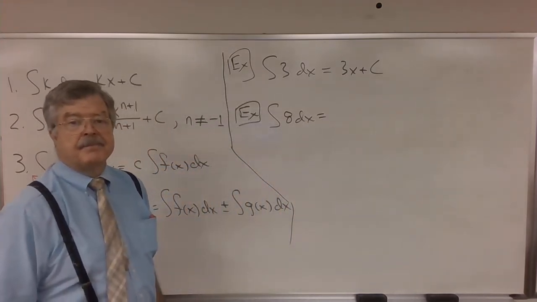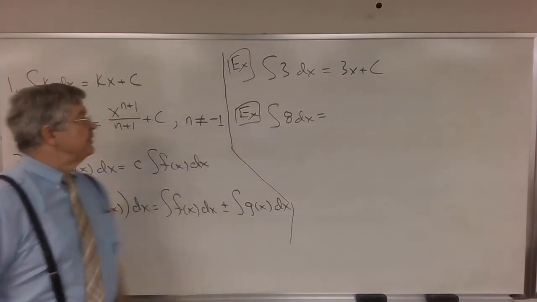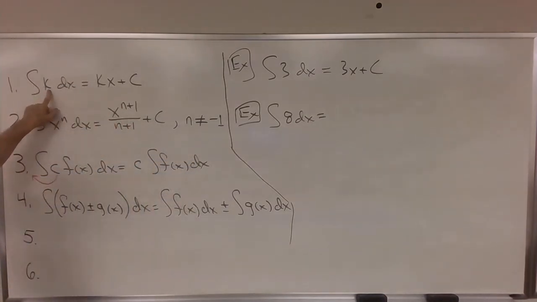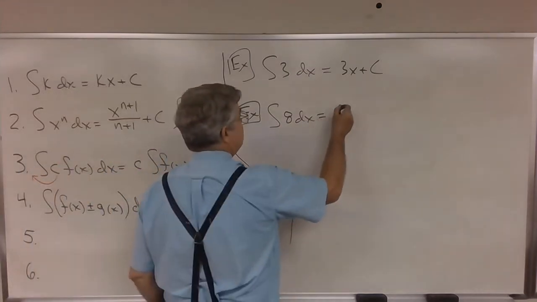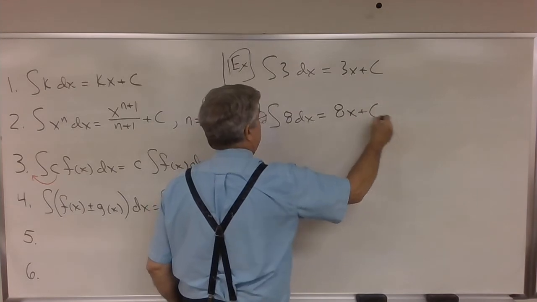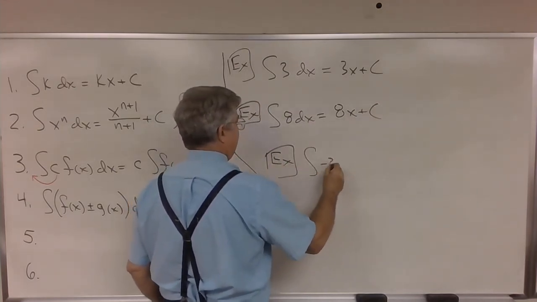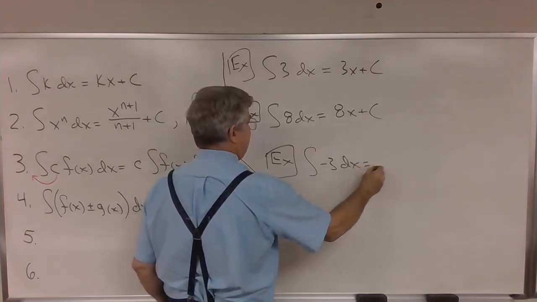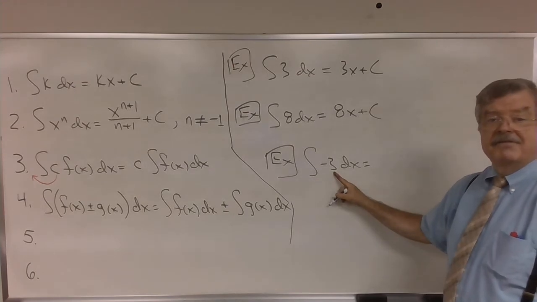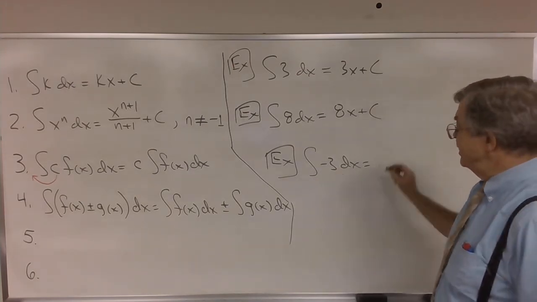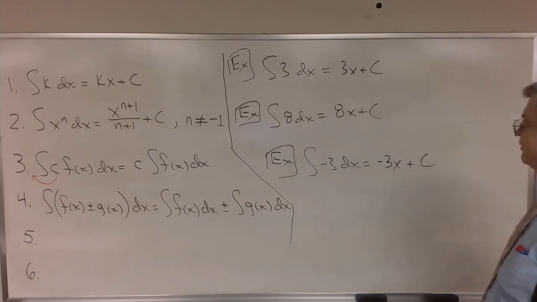Again, the antiderivative or integral of a constant, property 1 says that we take that constant and multiply it by x and add c. The integral of -3, multiply that constant by x and add a constant of integration, and there we go.